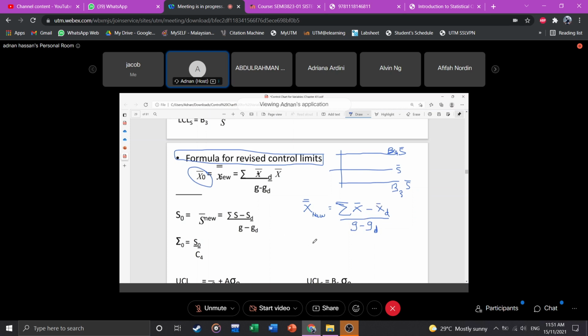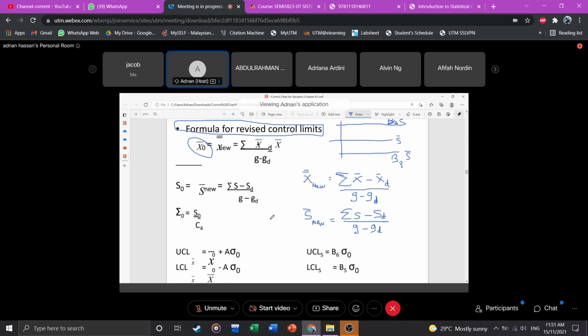So for S bar, the center line for the revise, is the summation of S minus the summation of the discarded S. For the R chart it is also the same; the difference is only the symbol. So when we're talking about the revise, G minus GD.